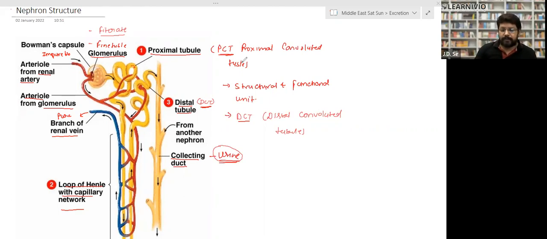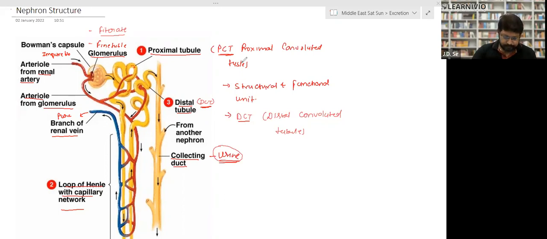Each kidney consists of more than 1 million nephrons. Full stop.